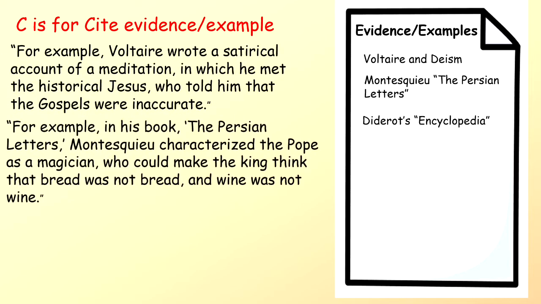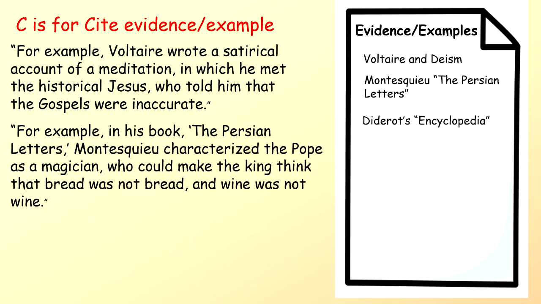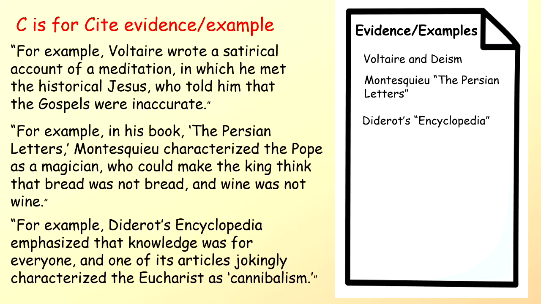Or if I'm going with Montesquieu, I might say, for example, in his book, The Persian Letters, Montesquieu characterized the Pope as a magician who could make the king think that bread was not bread and wine was not wine. Or if I'm using Diderot's Encyclopedia, I might say this. For example, Diderot's Encyclopedia emphasized that knowledge was for everyone, and one of its articles jokingly characterized the Eucharist as cannibalism.